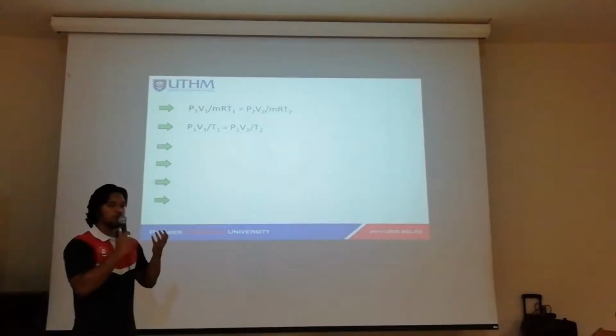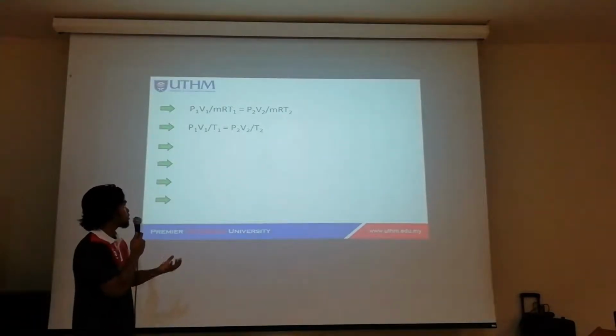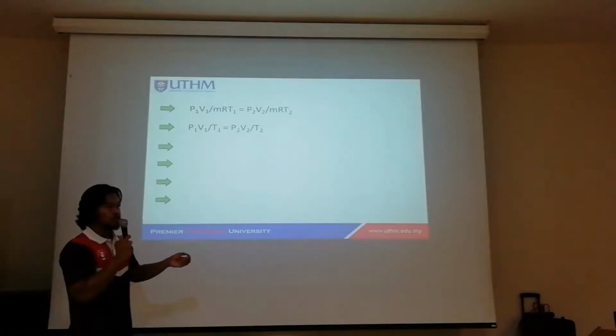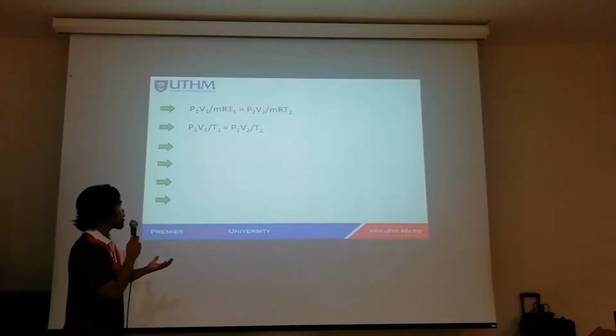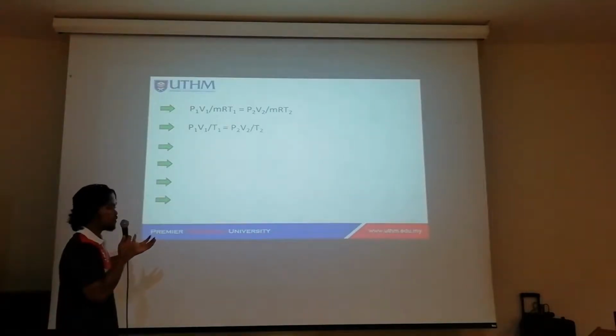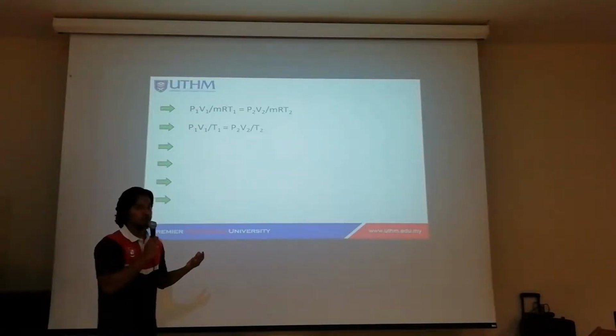So we can eliminate these two variables and make the equation simpler, which gives P1 V1 over T1 equal to P2 V2 over T2.